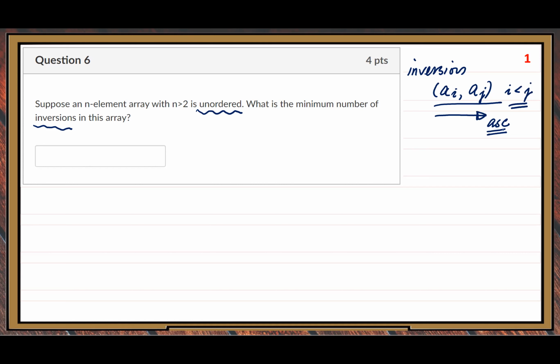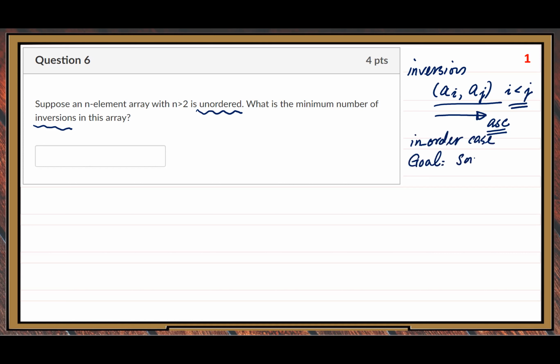Because that's the in order case, we do not worry about it. Here the goal is sorting. Why do we define the inversion concept?